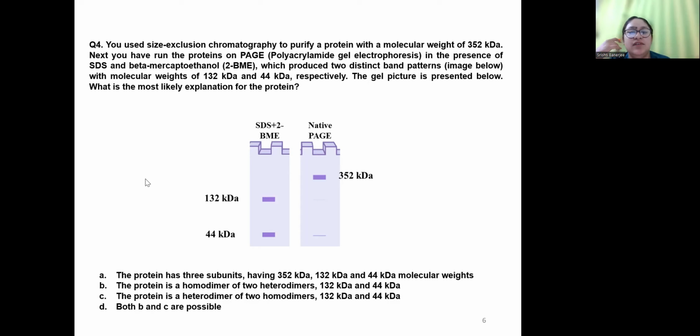So from the gel picture, what most likely has happened?